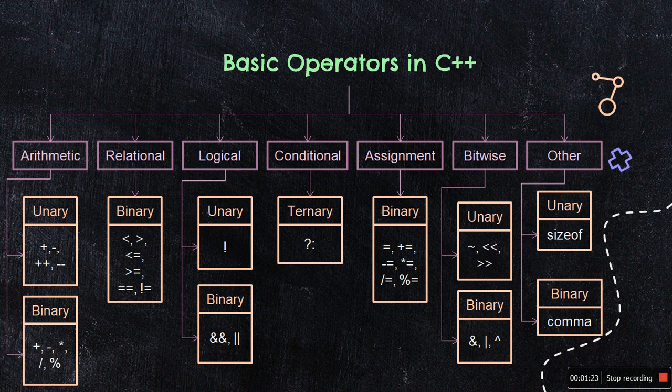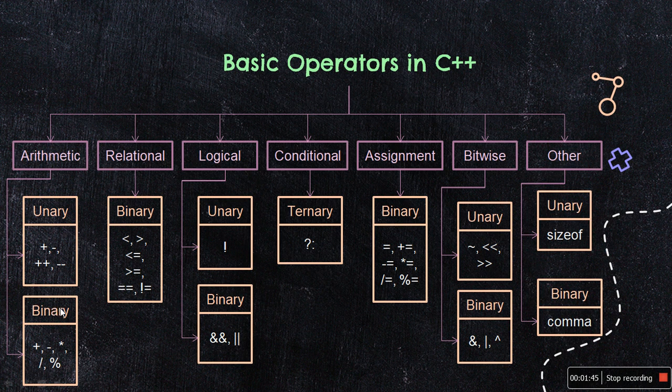So, to start with the basic operators in C++, these are the regular operators that you are well acquainted with, like the arithmetic operators, unary and binary operators. Unary arithmetic operators need only one operand, and binary are the ones which have two operands.